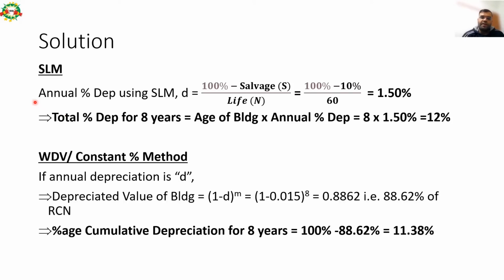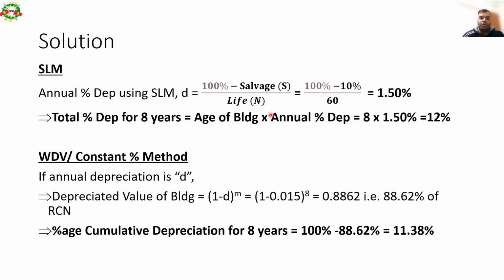So using SLM method, we have already understood the formula for calculating annual percentage depreciation, which is equal to 100% minus salvage, which is given in the question as 10%, divided by total life of the building, which is also given in the question, equal to 60 years. So annual depreciation as per SLM method for the building will be equal to 100 minus 10 divided by 60 years, which is 1.5% per year.